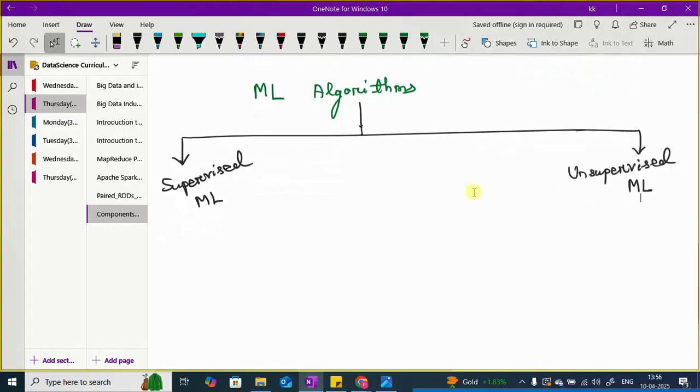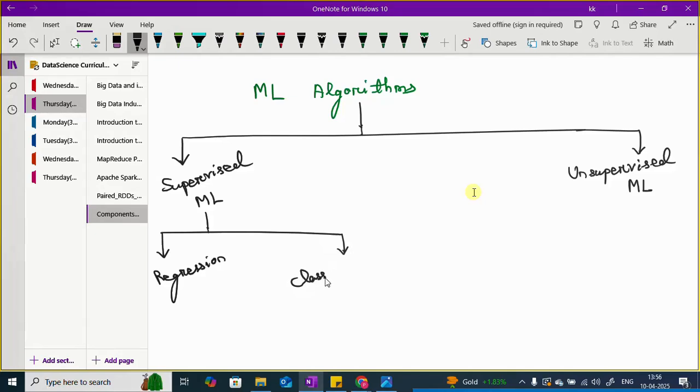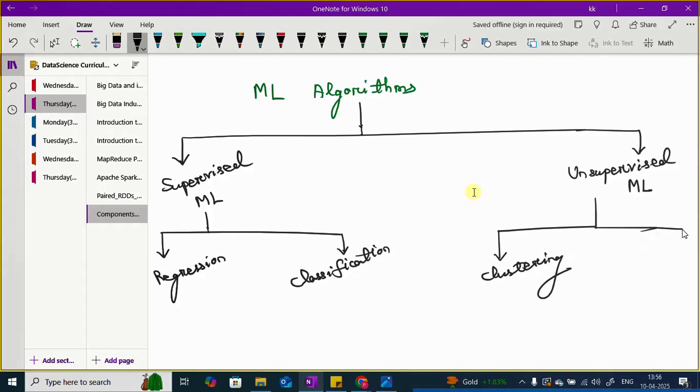Now coming to supervised machine learning, guys, it is again of two types. One is regression, another one is called classification. Similarly, unsupervised machine learning has clustering and other things like dimensionality reduction techniques.